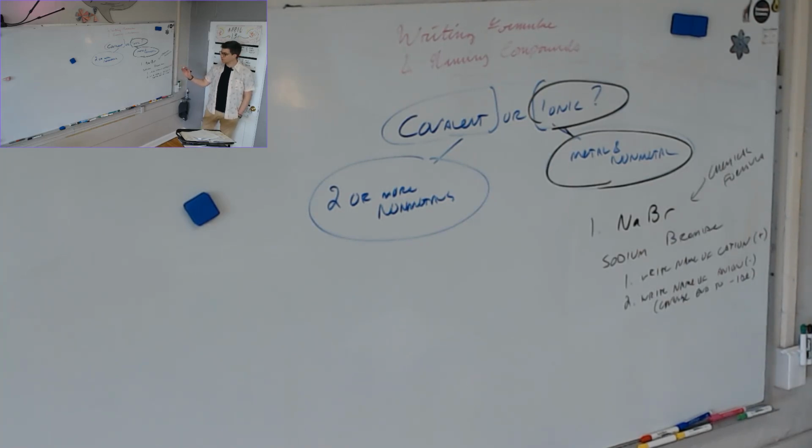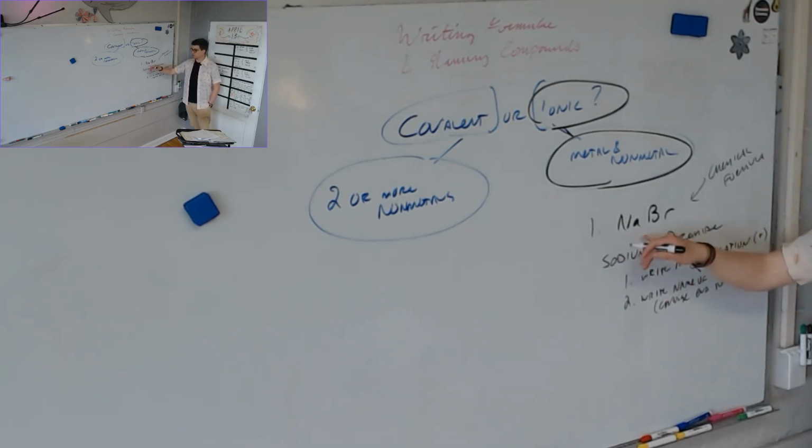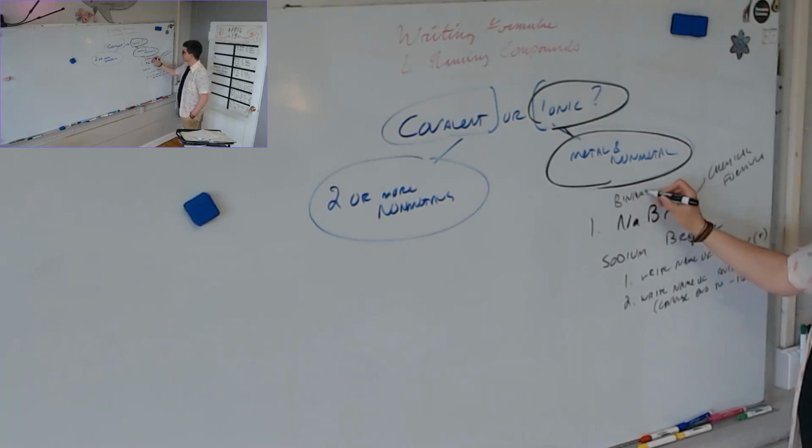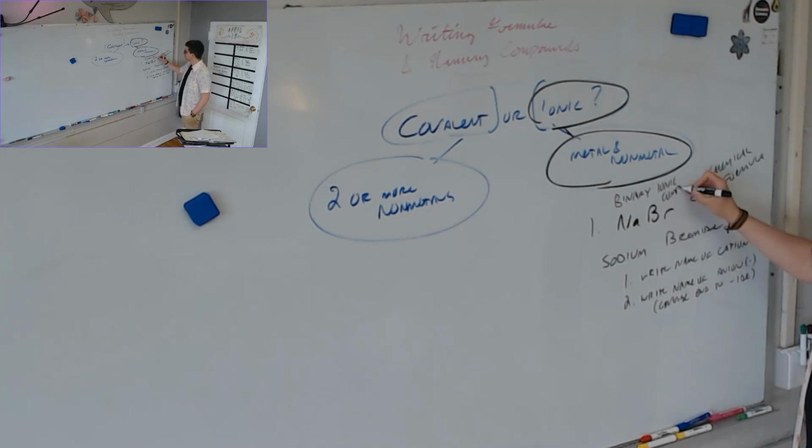It does get more complicated, but that's it for what we call binary ionic compounds. Binary means 2. Bicycle has 2 wheels. A binary ionic compound has only 2 elements. How many elements? 2. This one is binary. You don't have to write this for the questions. Binary ionic compound.